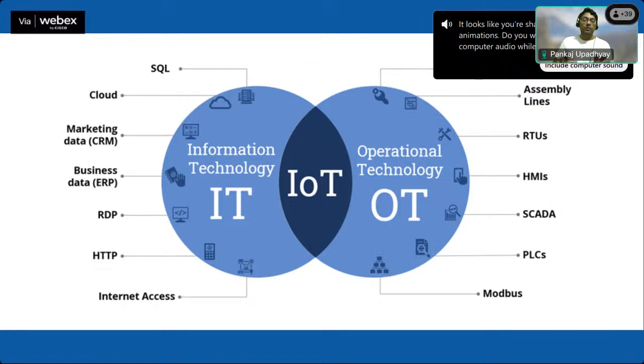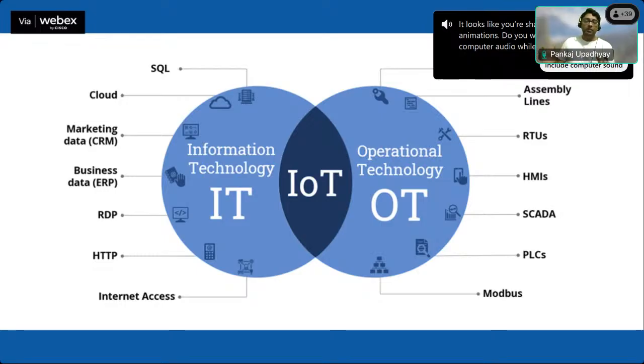Let's talk about how it's different from IT. Information technology deals with data, email, or business systems, and OT deals with real world operations like machines, valves, robots, turbines, and assembly lines, and so on.